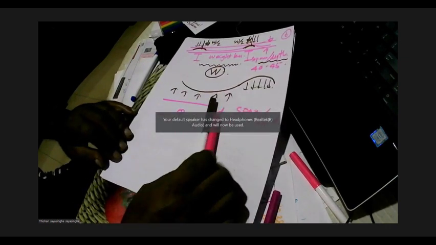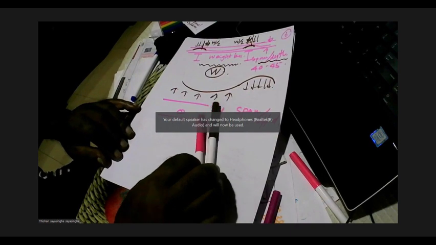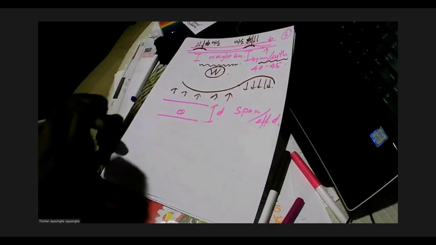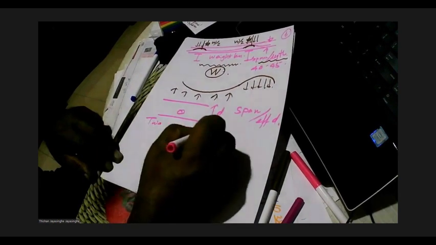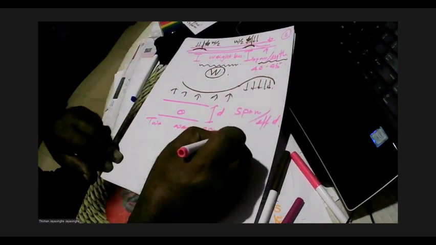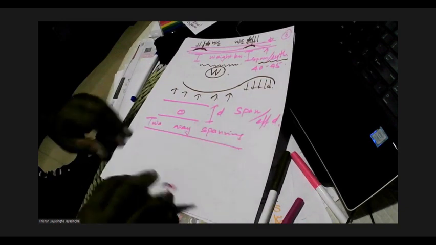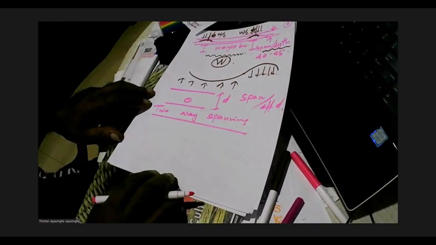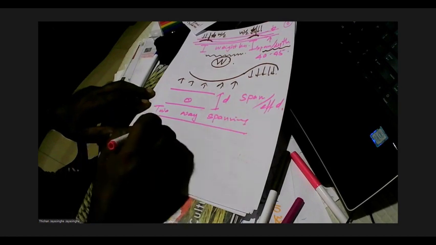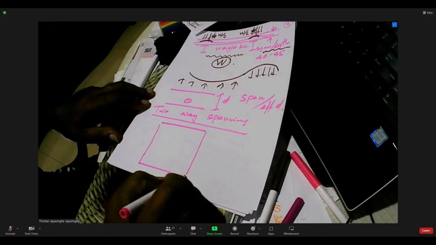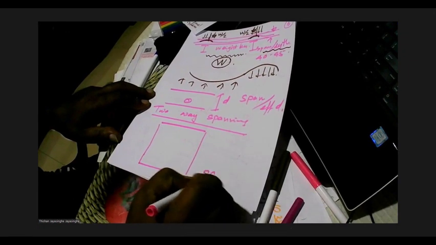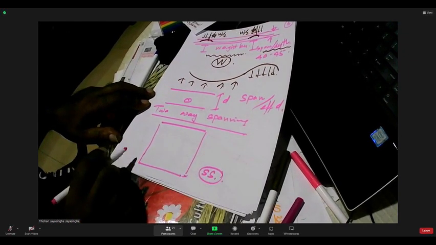Now we look at two-way spanning slabs. So we will establish two-way spanning. We will first look at a simply supported case.